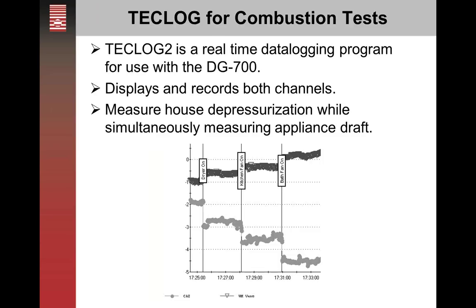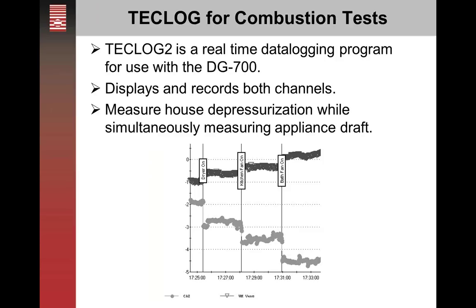In our previous example of how to measure the worst case depressurization, in this graph you'll see that we can document which fans contributed to the depressurization of the house and which ones are contributing more, and what the total effect is when we add each fan onto the system when we're doing a depressurization.